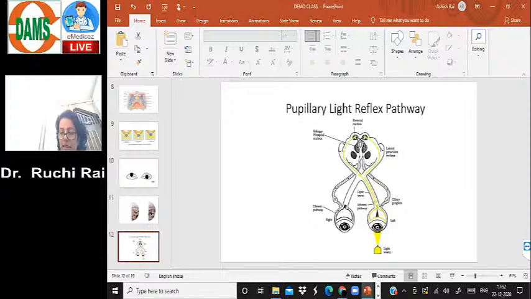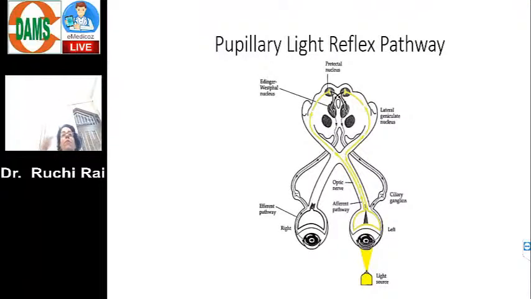You should be clear about this. So, look here. This is your pupillary light reflex. Suppose you have shown light in the left eye: the afferent pathway goes through the nerve, chiasma, tract. From the tract itself, it deviates and goes to pretectal, then Edinger-Westphal. This is your afferent pathway. And efferent, of course, we know is through the third nerve and ciliary ganglion.